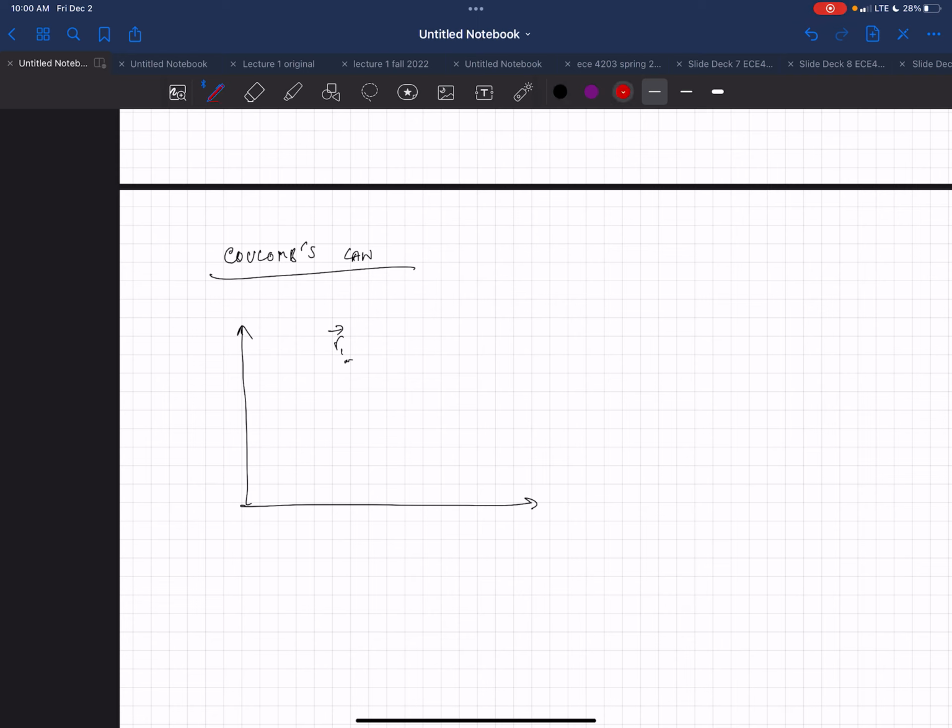Remember, R1 is a position vector. It defines the location of that point with respect to the origin. So if you had a charge Q1 at R1, and then you had another charge, Q2, at R2.